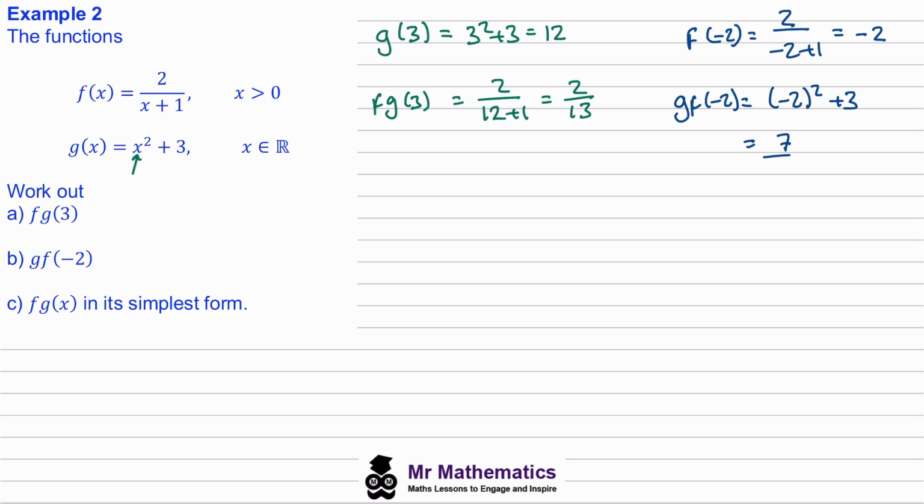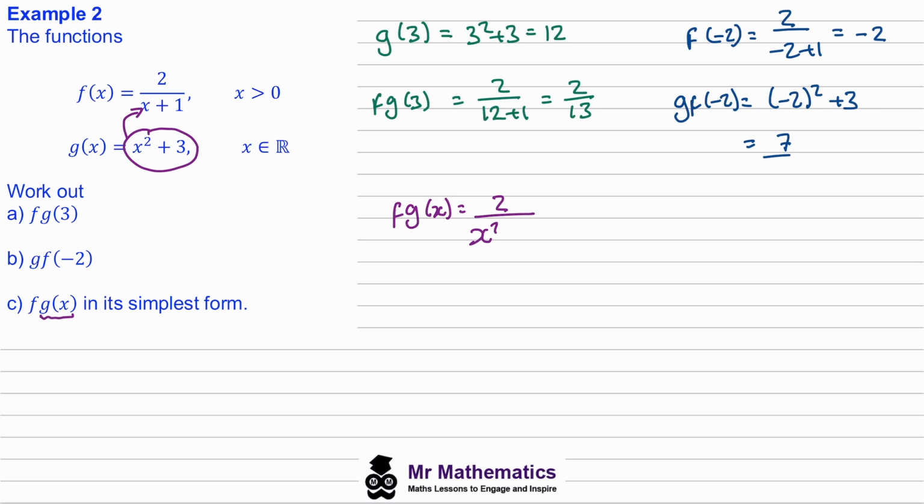And then for question C, find fg of x in its simplest form. So we need to substitute g of x, which is all of this, into f of x. So fg of x will be the 2 over, and we put all of this into here.